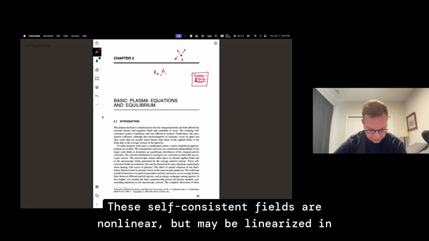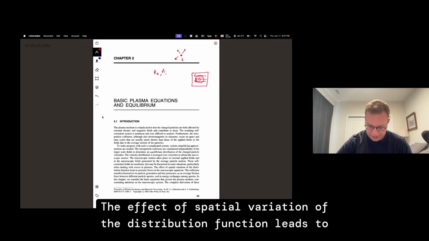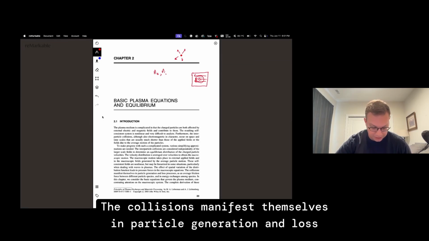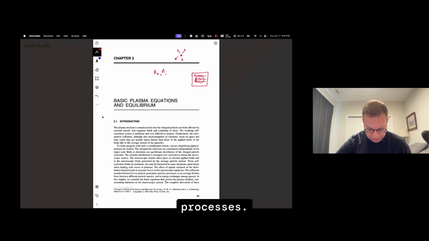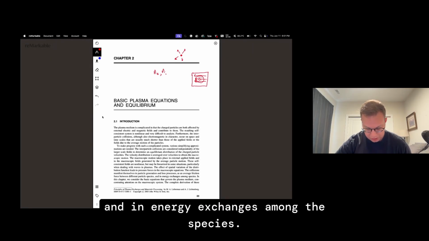These self-consistent fields are nonlinear, but may be linearized in some situations, particularly when dealing with waves in the plasma. The effect of spatial variation of the distribution function leads to pressure forces in the macroscopic equations. The collisions manifest themselves in particle generation and loss processes, as an average friction force between different particle species, and in energy exchanges among the species.